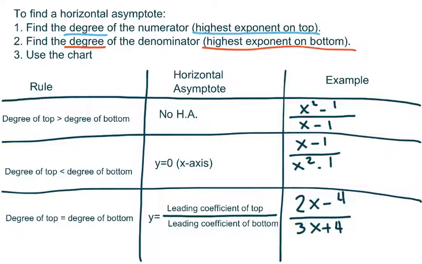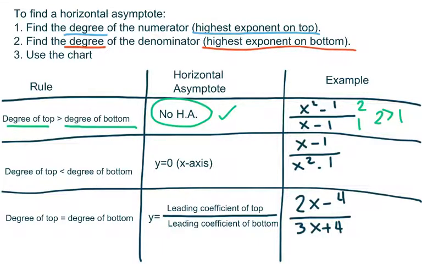So if you'll notice the first one, if the degree of the top is greater than the degree of the bottom, then you have no horizontal asymptote. So if you look at the example, the degree of the top is 2, the degree of the bottom is 1, the degree of the top is greater than the bottom, so that's why you get no horizontal asymptote.